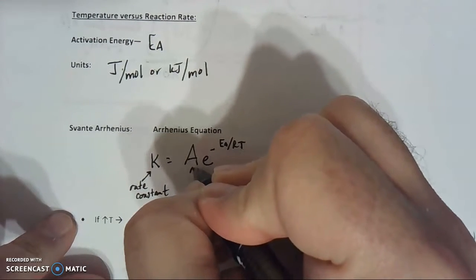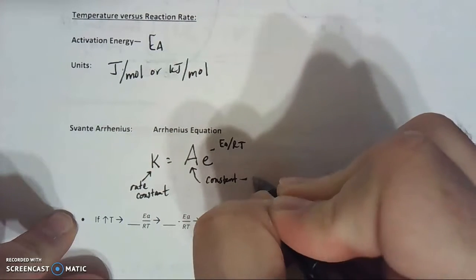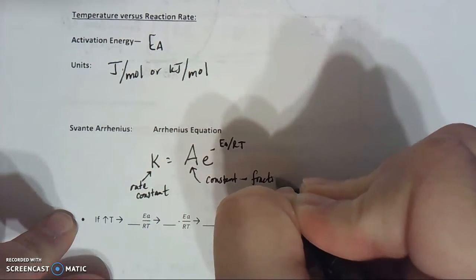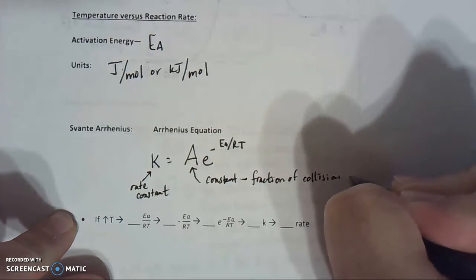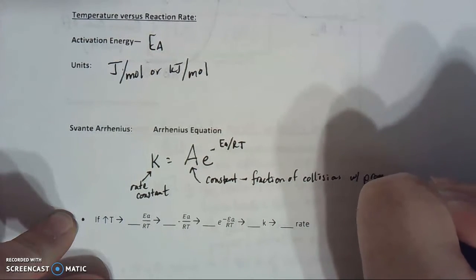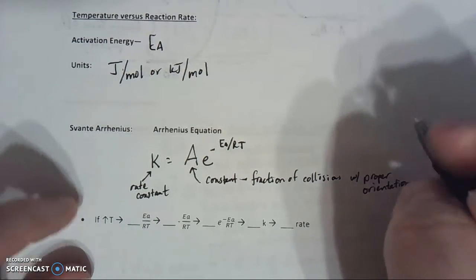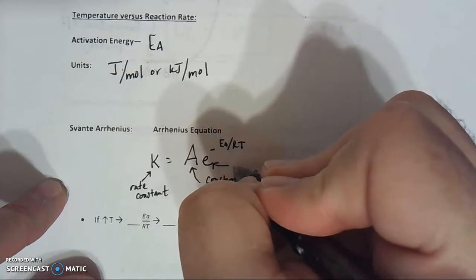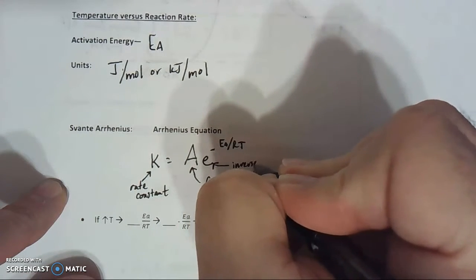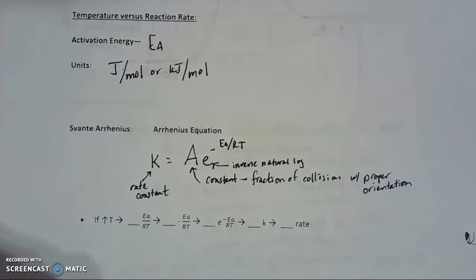So A is a constant. And this is the fraction of collisions with proper orientation. So it's something that's given to you. E, we've already seen, this is the inverse natural log, or the inverse ln.